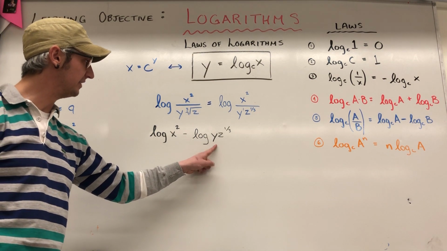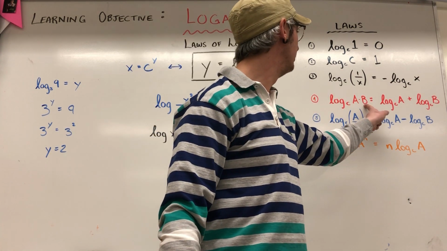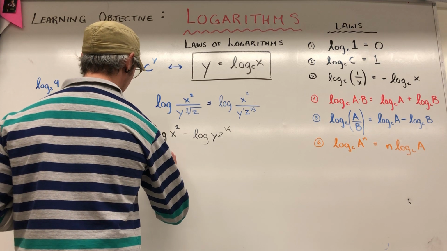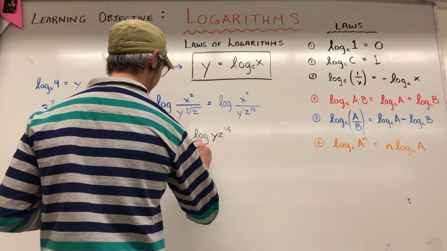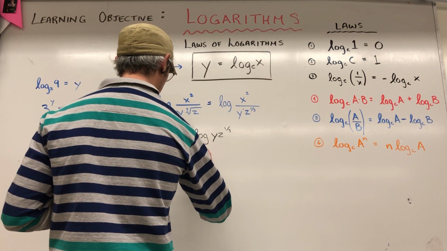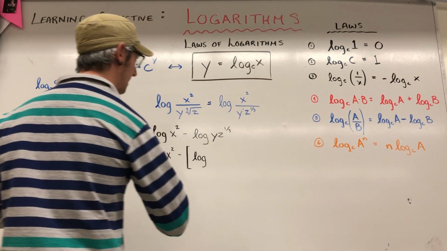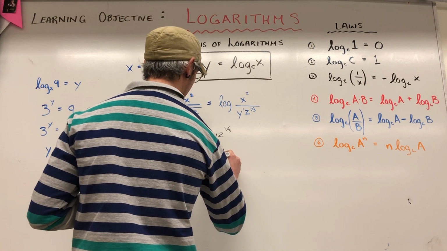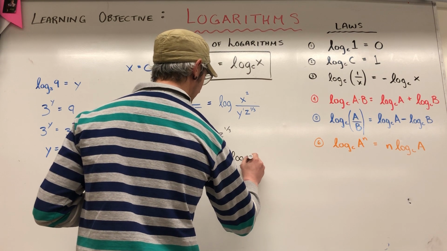Let's split this up. So now I'm in this scenario. I'm multiplying two numbers together in my log. So I'm going to split this up. So log x squared minus log of y plus log of z to a third.